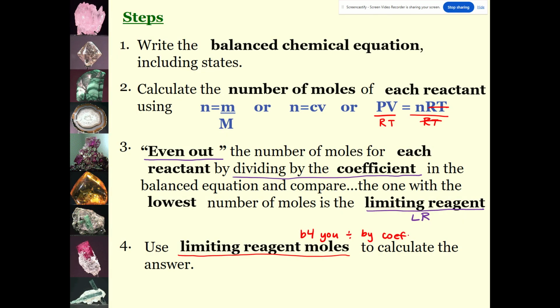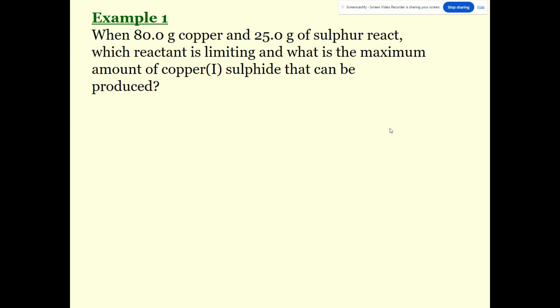That step where you divide by the balancing coefficient, step 3, is just to figure out which one is in lowest number, which one runs out first. The actual moles that you use for step 4 is whatever you calculated in step 2, either the mass over molar mass, C times V, or PV over RT. So let's look at, I think I have 3 examples of this.